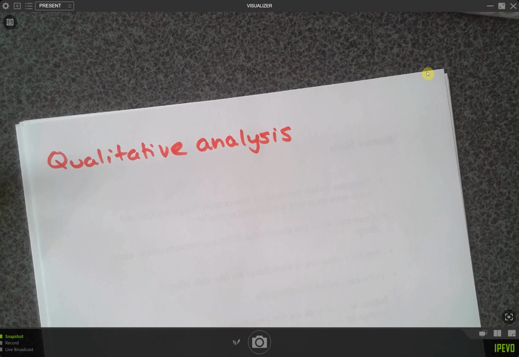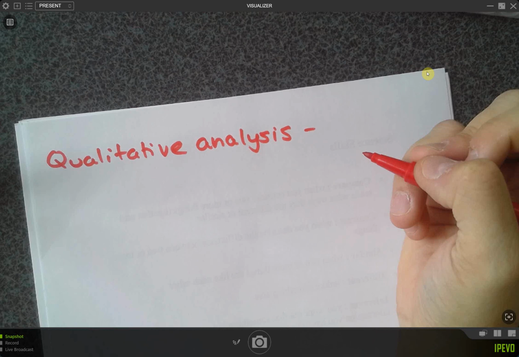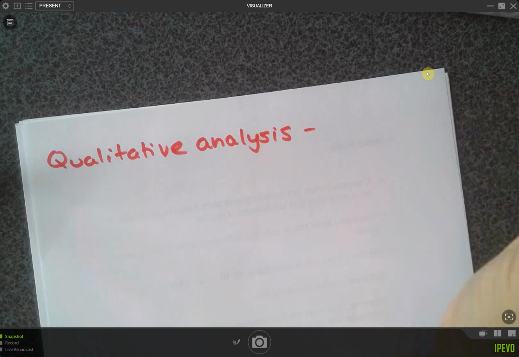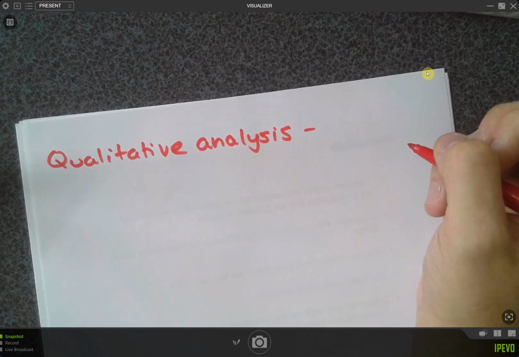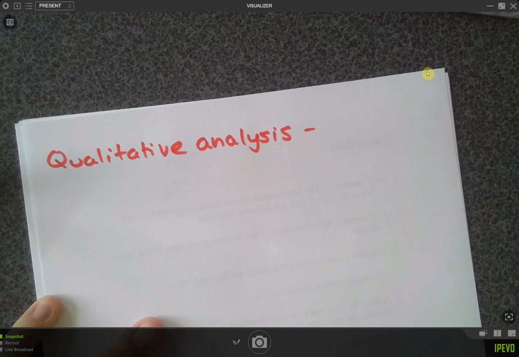Thinking about that. A quality analysis, that's a good way to kind of remember it. How good is the cocaine? How pure is it? No, not necessarily, but close, and that's going to be a good way to remember it.